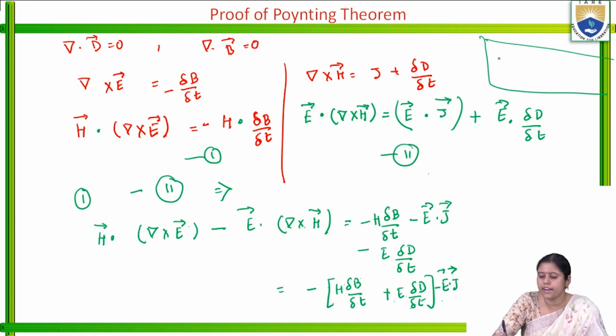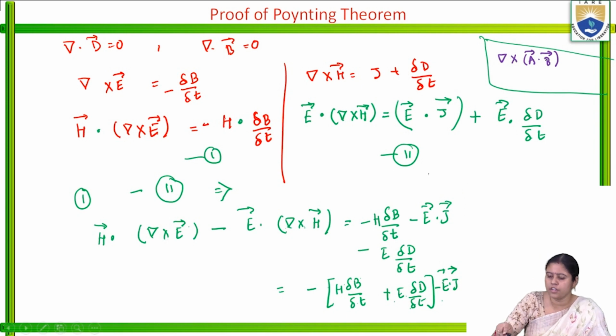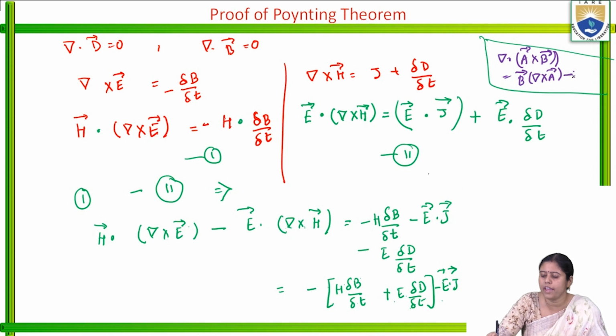We know that grad dot A cross B can be written as: first B is fixed, grad cross A, minus, now A is fixed, grad cross B. So here also we got grad cross E with H fixed, then E fixed, grad cross H.